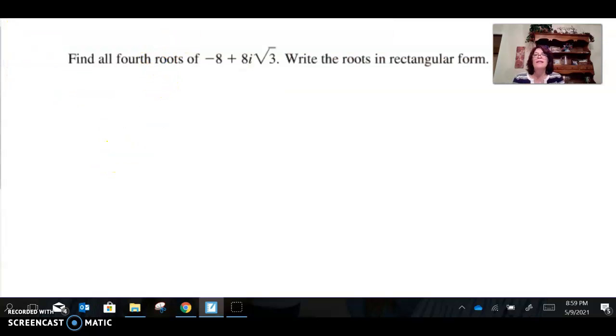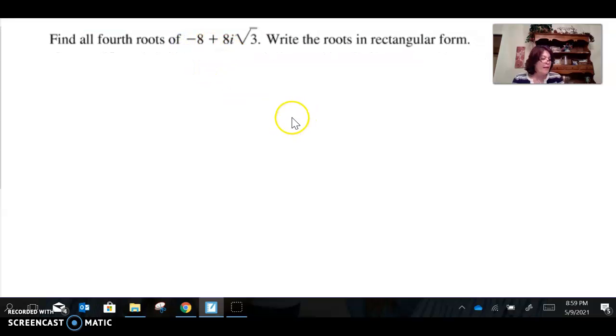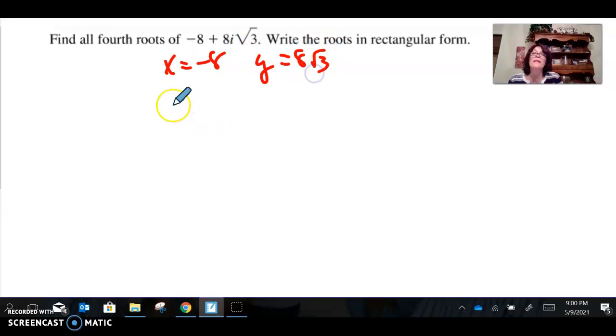So we're going to find all the fourth roots of negative 8 plus 8i square root of 3. Well, I need to write this in trigonometric form. X is negative 8. Y is 8 square root of 3.